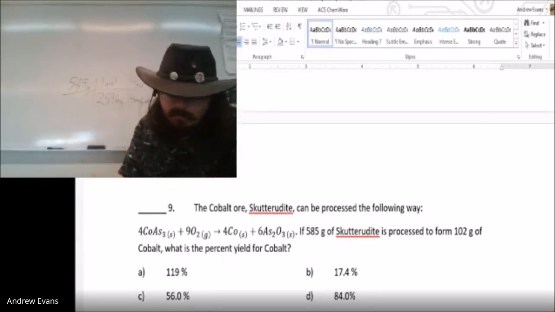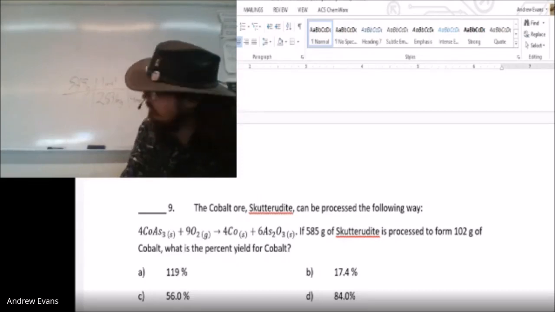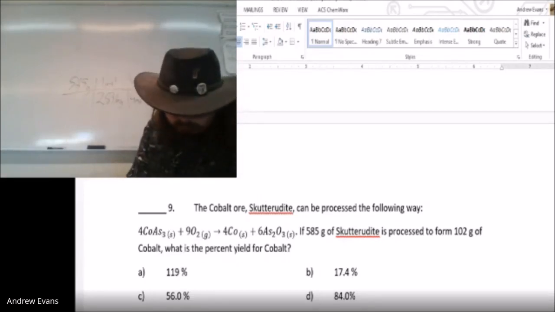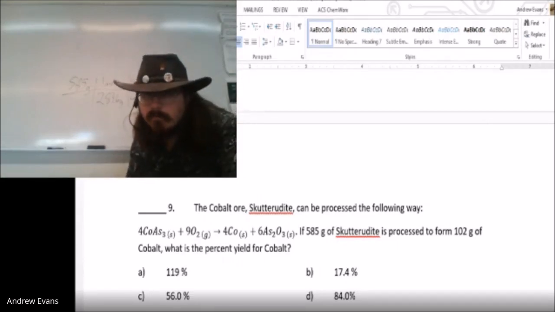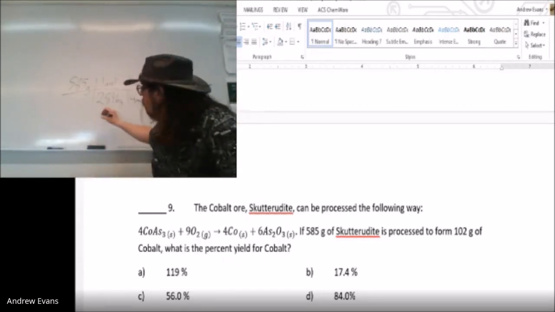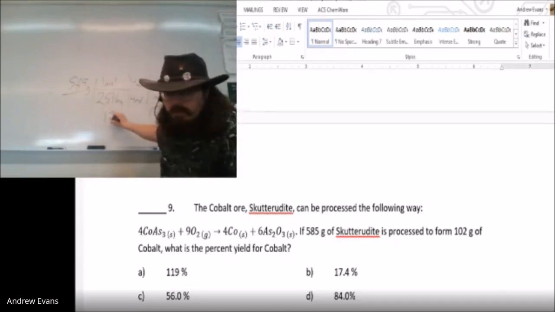So 585 divided by 283.6 times 58.9 gives us how much we could form. In a perfect world, we could form 121.5.